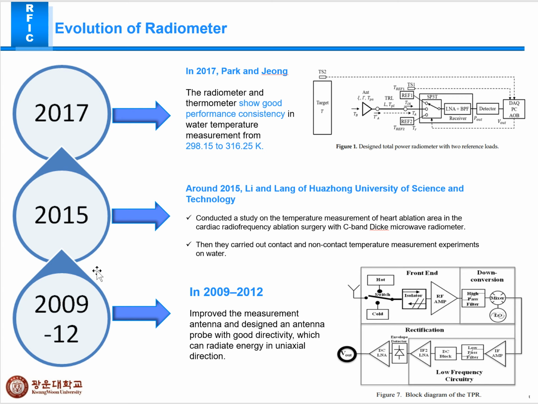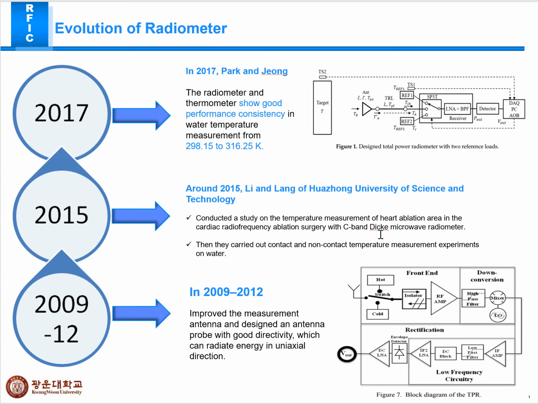What was the block diagram in this 2009 to 2012 period? In between these years, they had improved the measurement using antenna and probe design. An antenna probe with directivity can radiate energy in directions, as you can see in this block diagram. There are two sources, hot and cold, and switch calibrations.